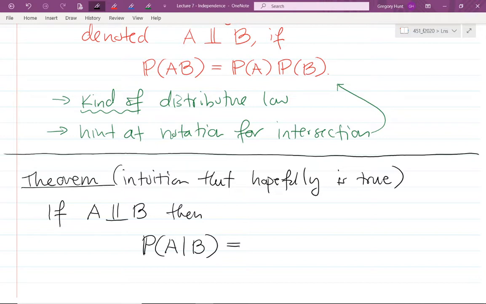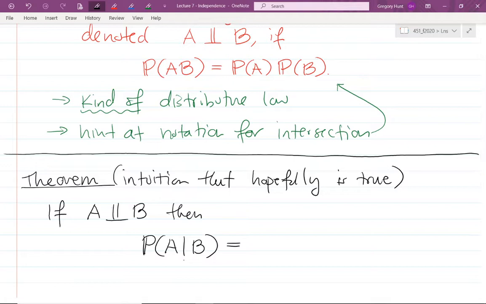If I say the probability of A given B, I'm giving you information about whether or not B occurred. In this case, I'm saying B did occur. Then presumably you can adjust the probability that A occurs given that information.